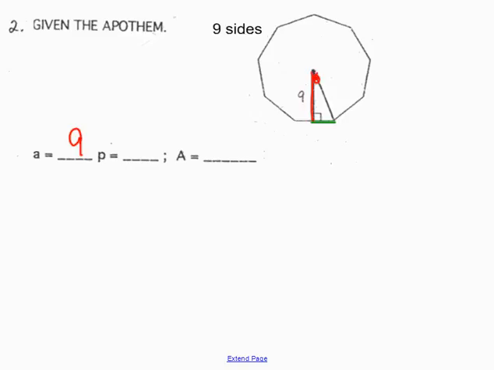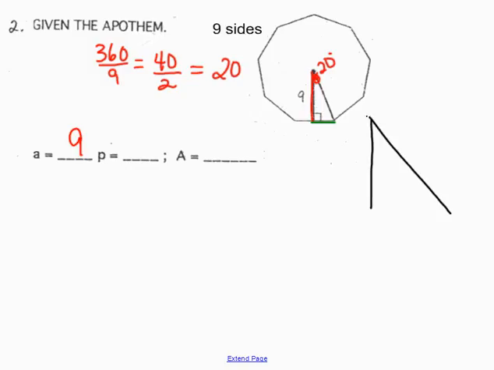So in order to do that, we take 360 divided by 9, and that equals 40. Then we divide that by 2, and that equals 20. So the degrees up here in this little triangle is 20. So if I take that triangle out, make it bigger, I've got 9 here, I've got a right angle, and I have 20 degrees right in here.